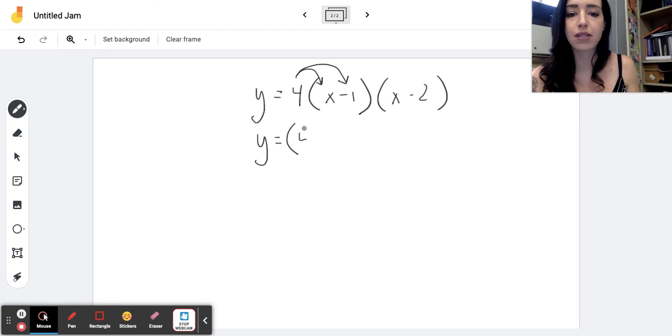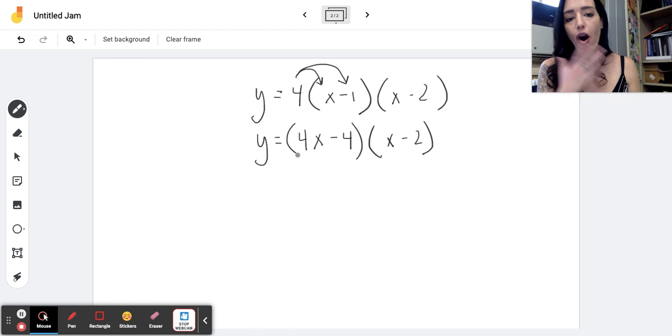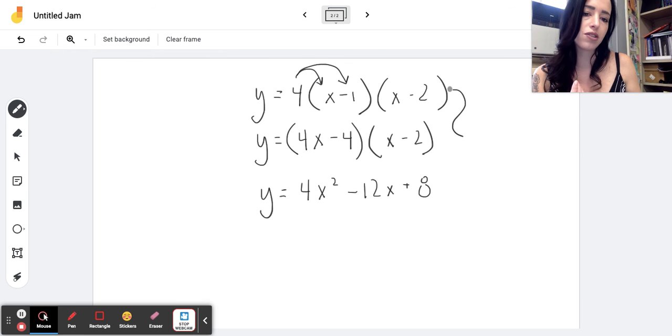So that would give us 4x minus 4 times x minus 2. And this could also be an answer. Again, these are all equivalent to what we started with, 4x squared minus 12x plus 8.